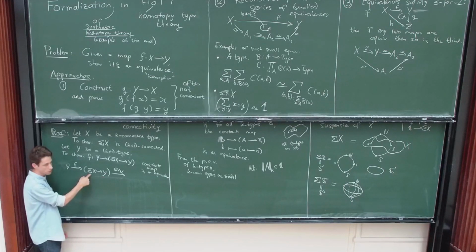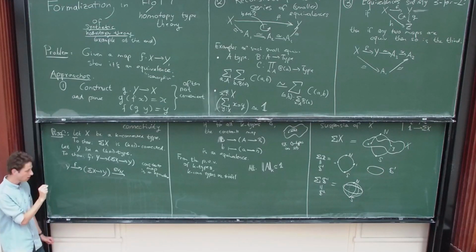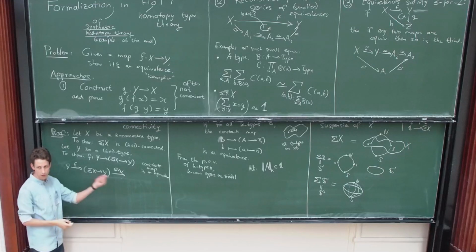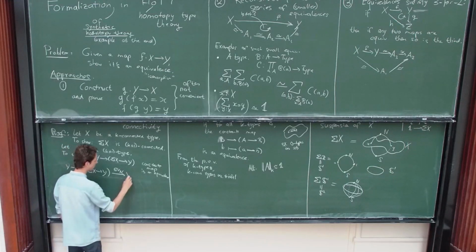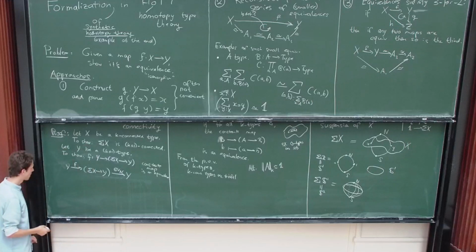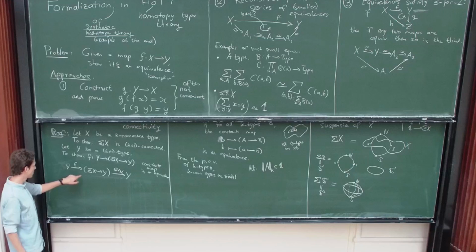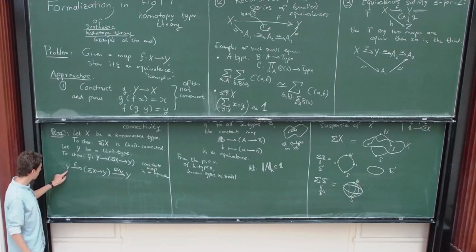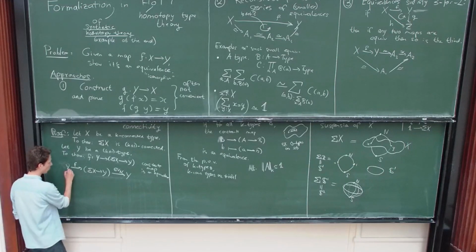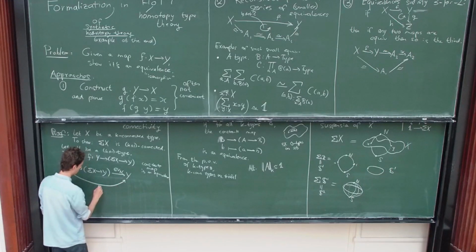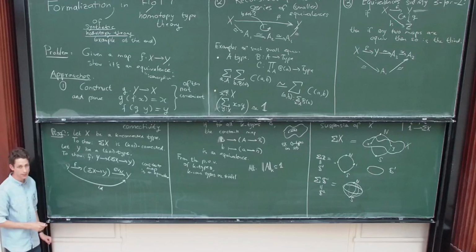This type always has these two distinguished points, the North Pole and the South Pole, and I just take the function, evaluate it at the North Pole, and get a point in Y. If you look at this composite, it ignores the function component completely and outputs the y that you start with. So this whole composite is definitionally equal to the identity.